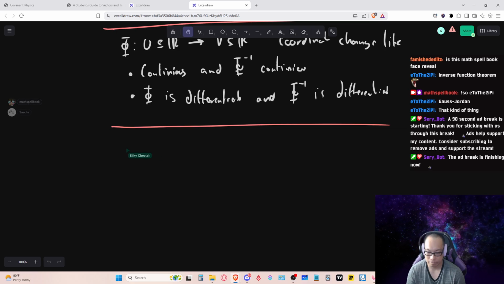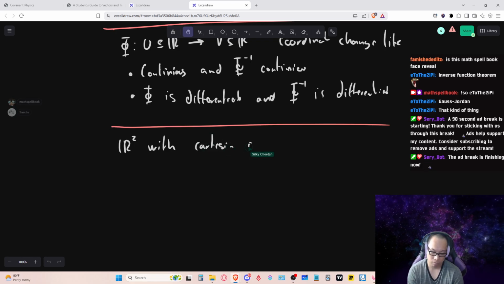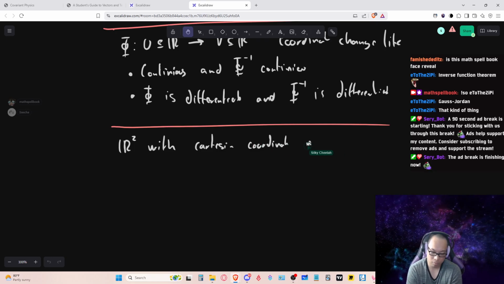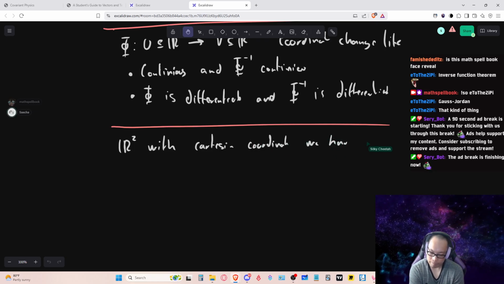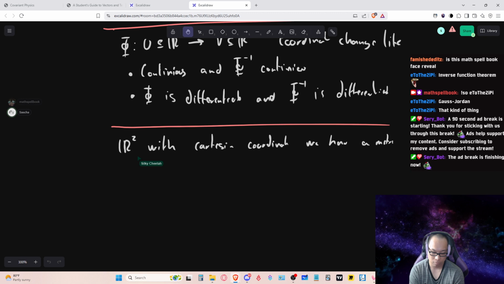So in R2, with the Cartesian coordinates, we have a metric. I mean, here metric is kind of a fancy word because it's really just a scalar product.